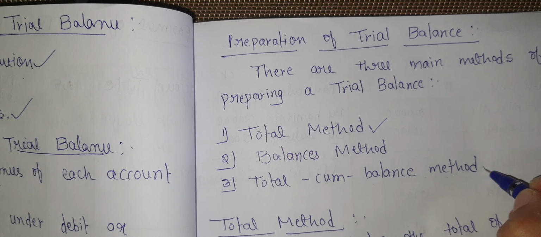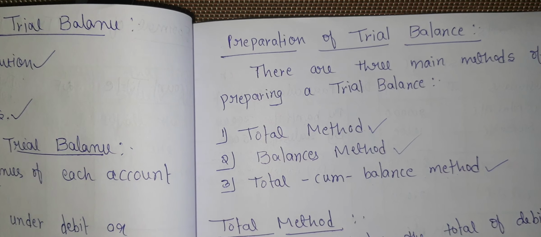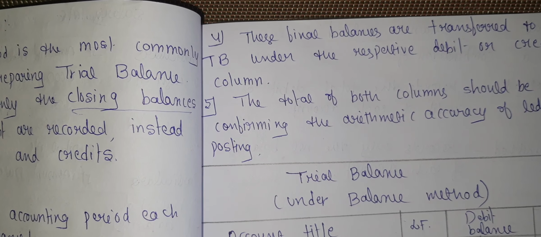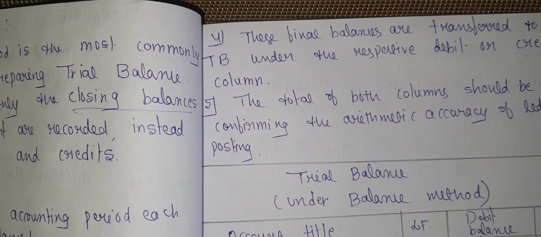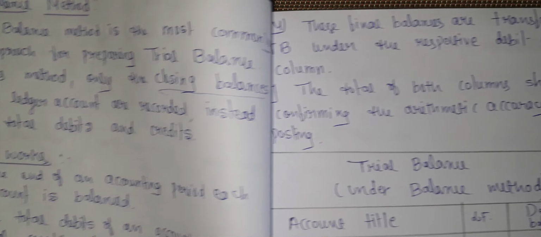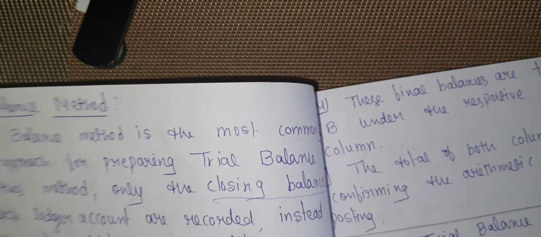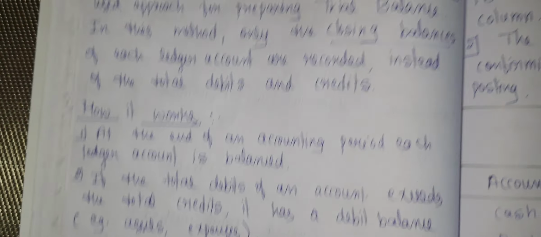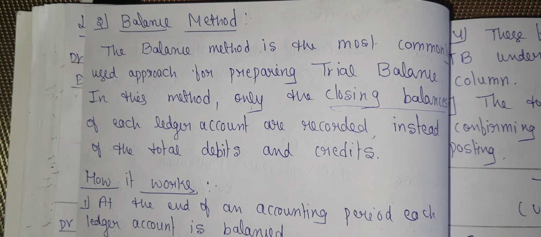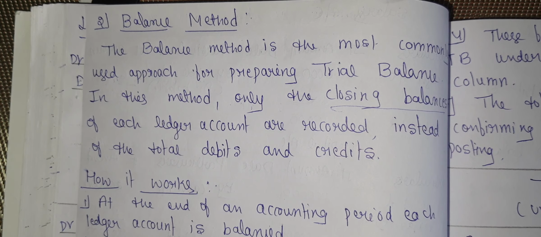The total cum balance method is very time consuming, but the balance method is the most commonly used because it provides a clear summary of ledger account balances, which is essential for preparing the financial statements.